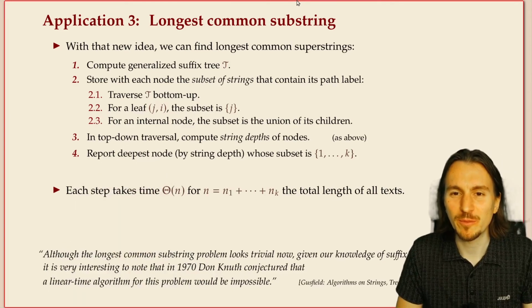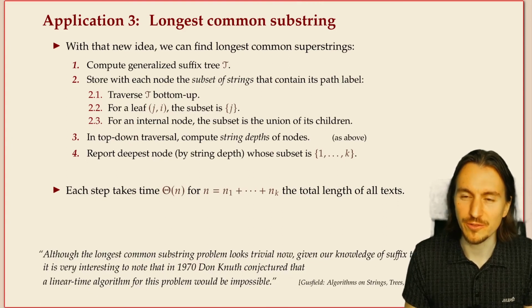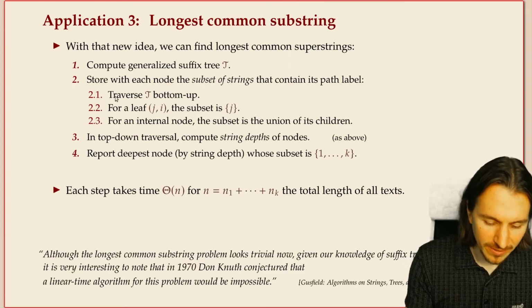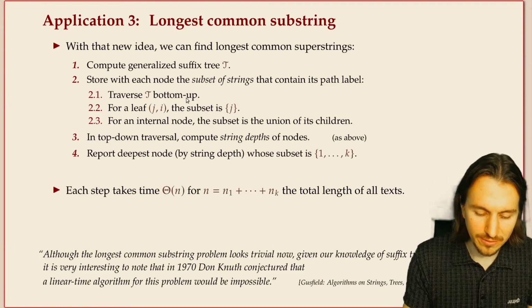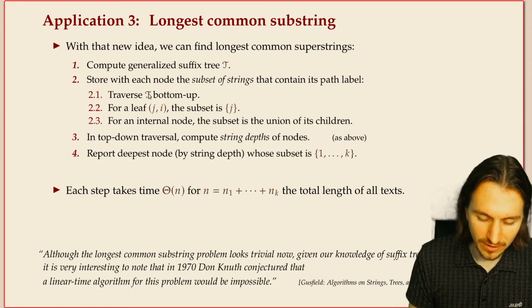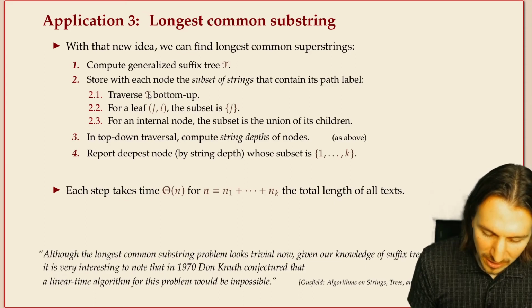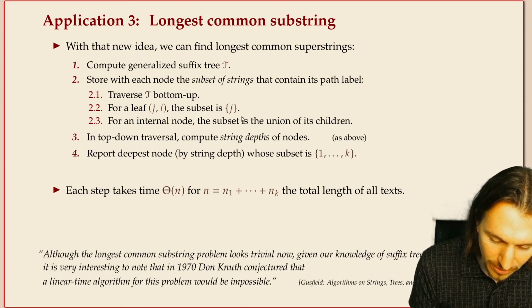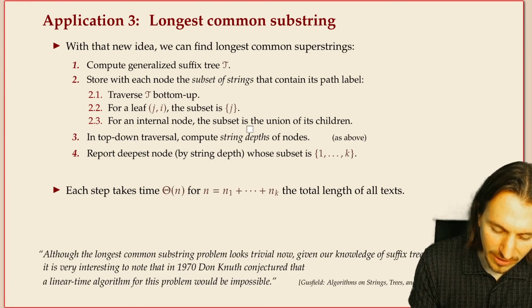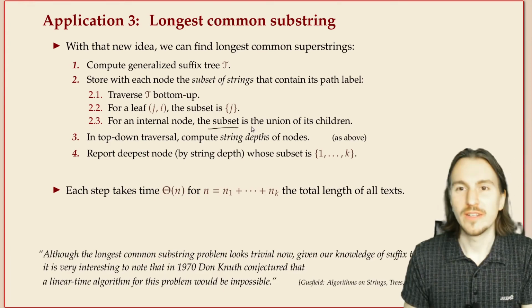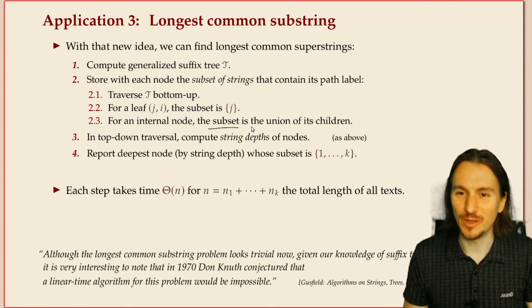We want this substring to occur in all of the strings. So we have to work a little extra for that. What we do is we traverse the suffix tree, and we store at each node the subset of all the strings that have a leaf below it.